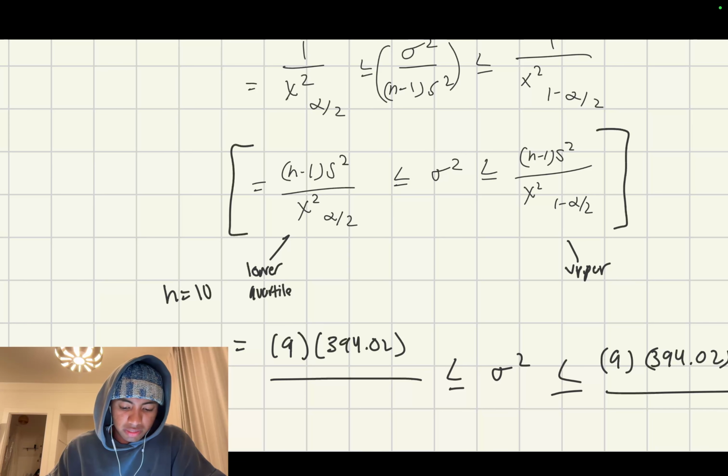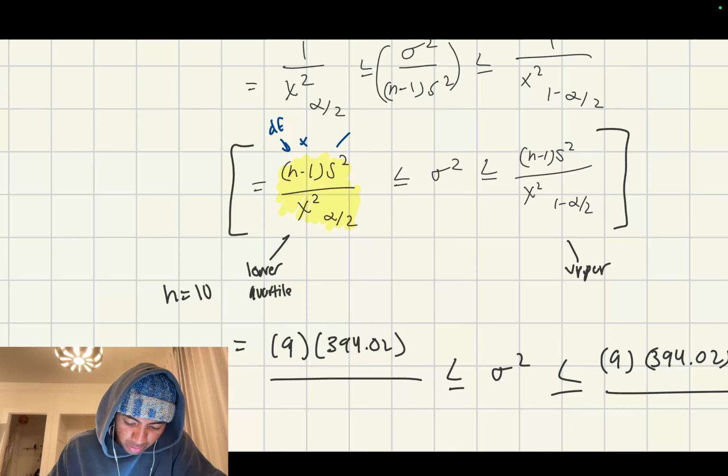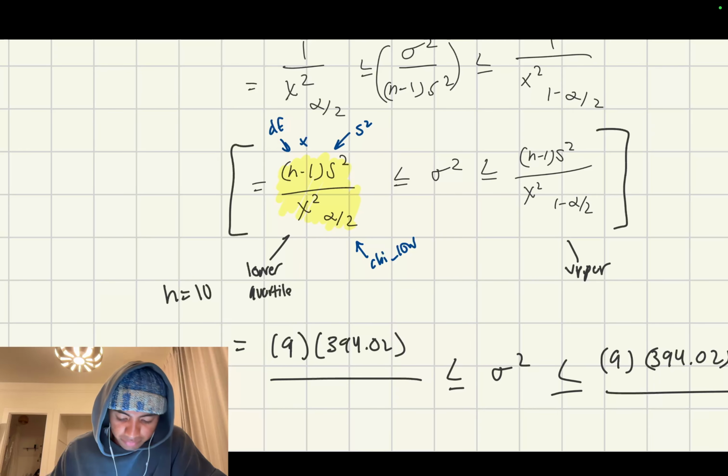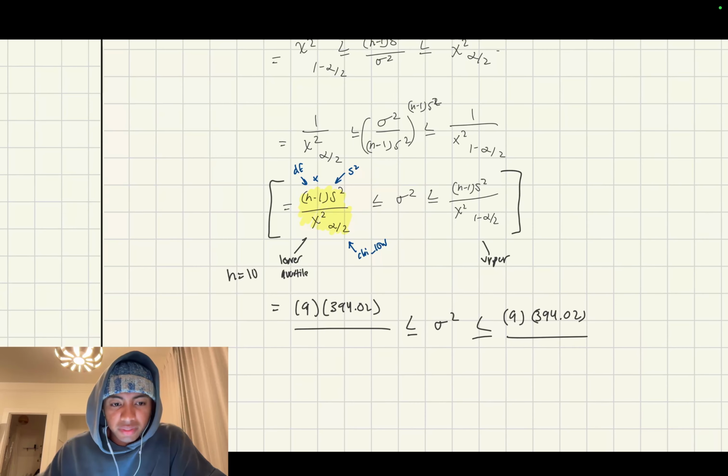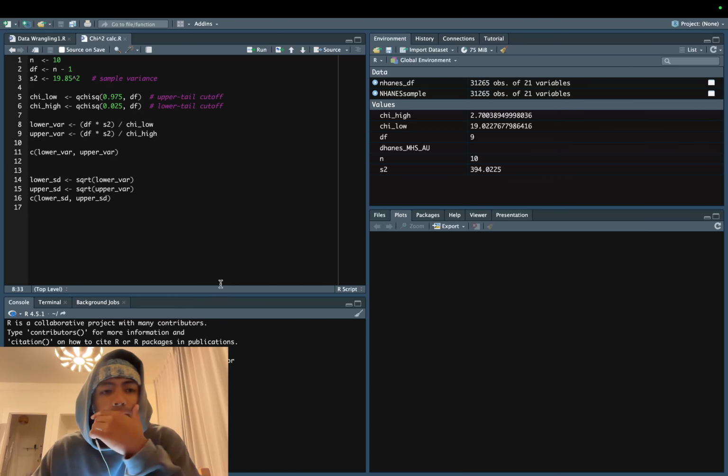That is our degrees of freedom, right? df times our s squared over our chi-low. So let's now go back and calculate that.